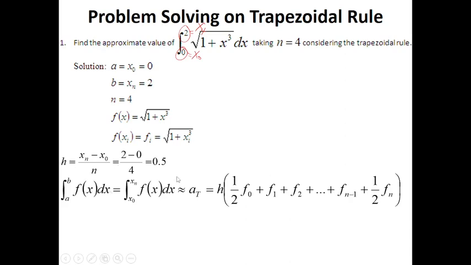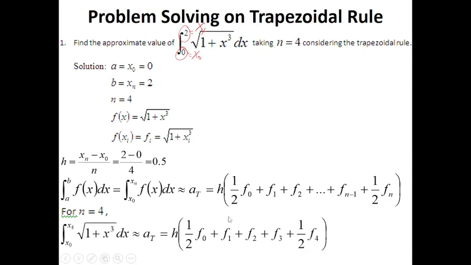Therefore, the integral of the function f of x dx over a particular range, from a to b, which is the integral of the function dx from x sub 0 to x sub n, is approximated by A sub t, which is the trapezoidal rule formula, that is equal to h times 1/2 f sub 0 and so forth, no?